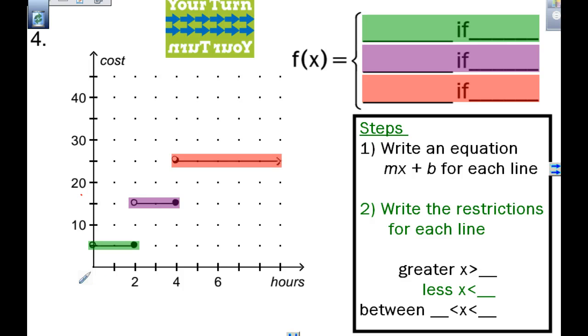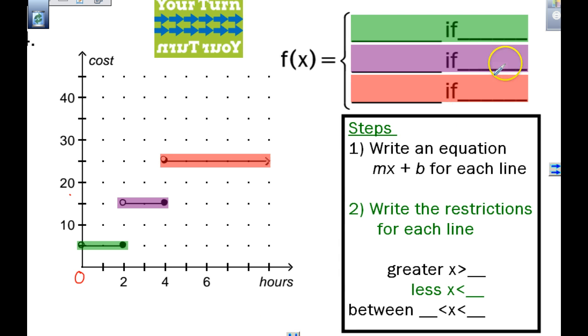Remember, always look at the x-axis for domain. So what's the mathematical way of writing from 0 to 2? And then the purple is from 2 to 4.